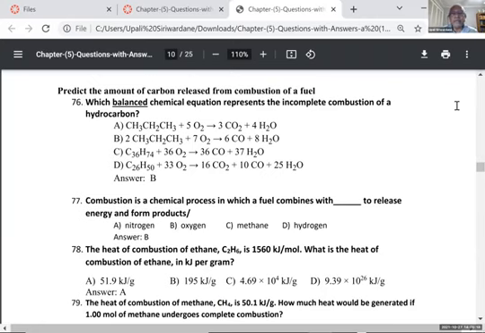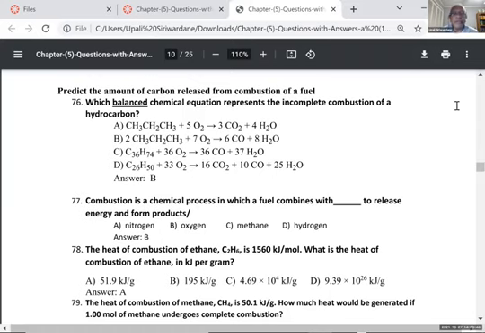Complete combustion. Incomplete combustion. Incomplete combustion gives CO and water. There are 2 equations, B and D are incomplete. B, C, D. Then you check each and every one.